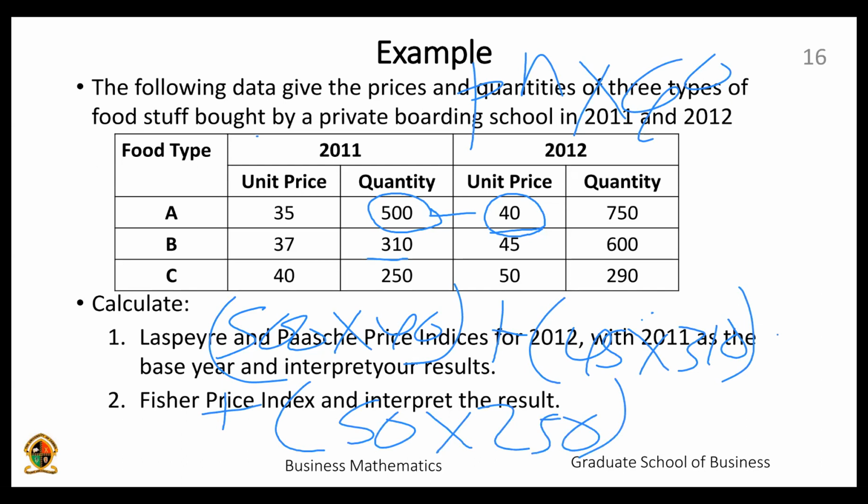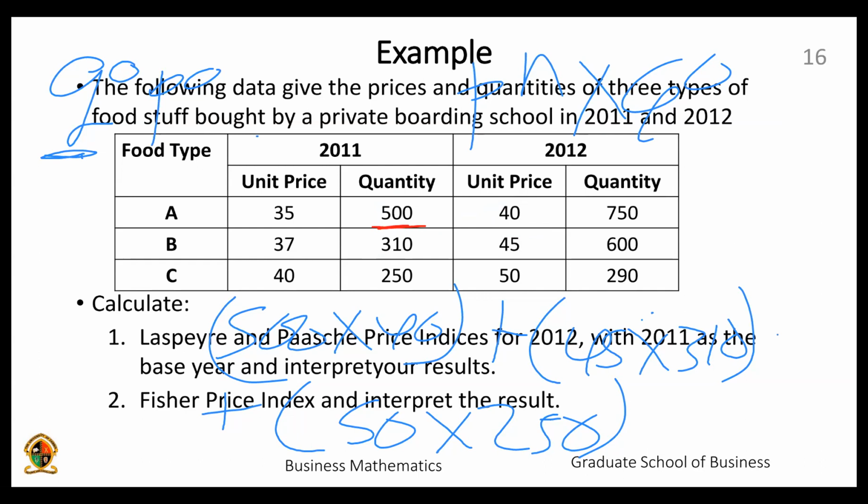That's what Pn means. Then the other column that you have is the column for Q naught and P naught, meaning you're multiplying the quantities of the previous period times the prices of the previous period. These are the quantities of the previous period, 2011 in short. 2011 is the previous period.